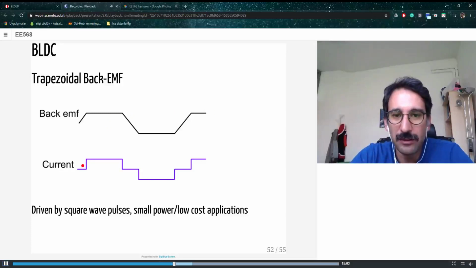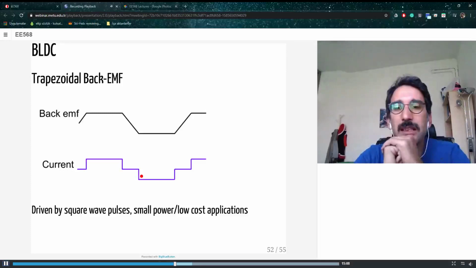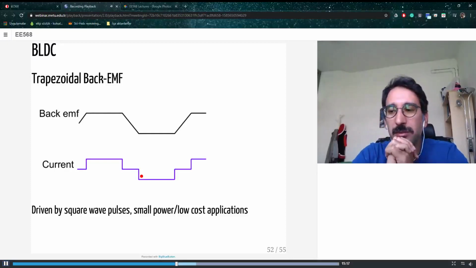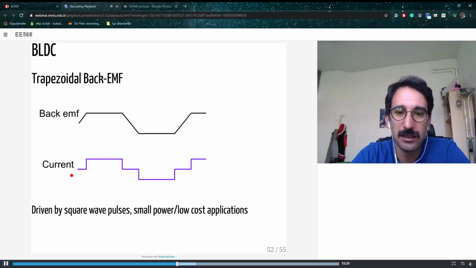Anyway, if you have that kind of system, usually those BLDC motors are driven again by an inverter, but they are not driven by high frequency sinusoidal PWM. Instead, they are driven by a current waveform.